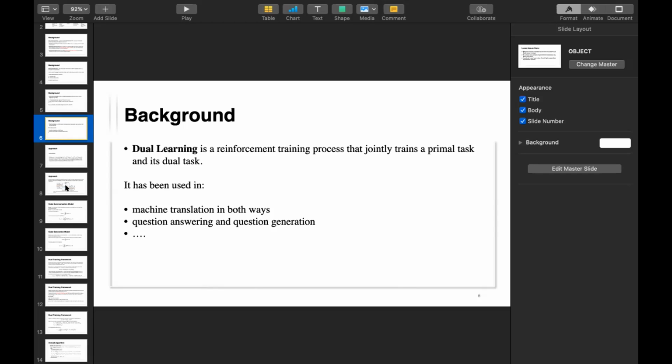This technique has been applied in many areas, like machine translation in both directions, from English to French and French to English, and also between question answering and question generation, etc.